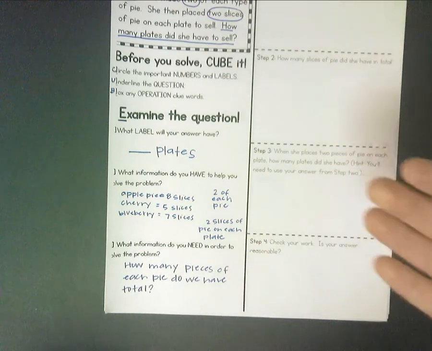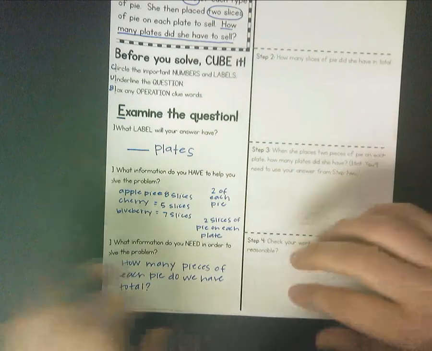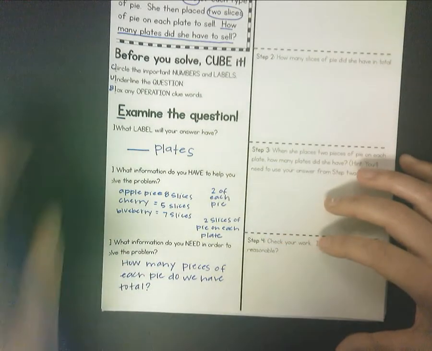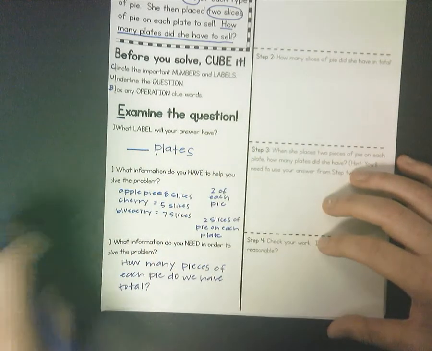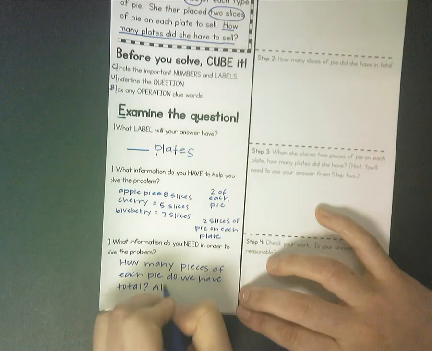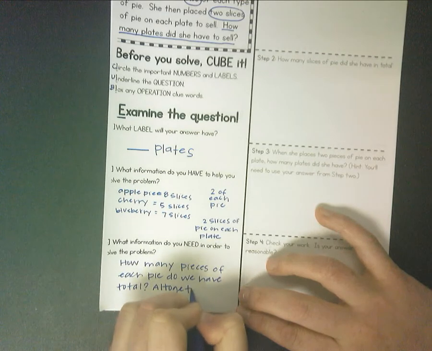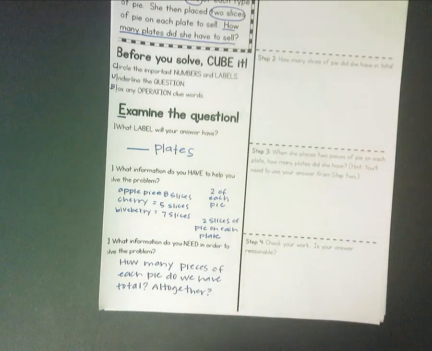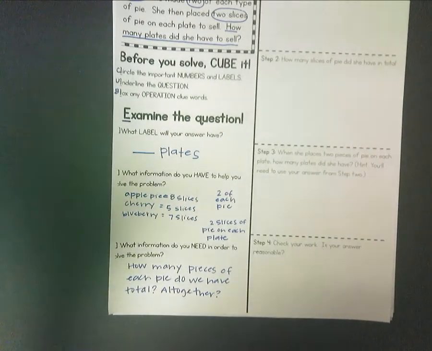And then I also just need to know how many pieces altogether. So I want to know how many pieces of each pie, how many apple pie pieces, how many cherry pie pieces, how many blueberry pie pieces, but I also want to know how many pie pieces total, all together. That's two kinds of things I want to figure out. So now that we definitely know, this is all about investigating what the problem says and what we have to do to find our answer.